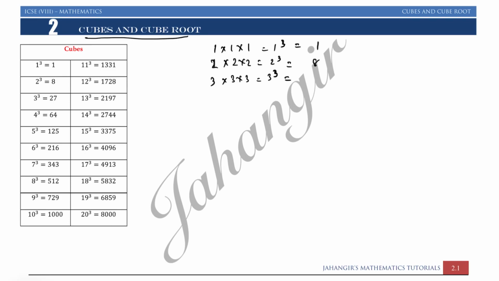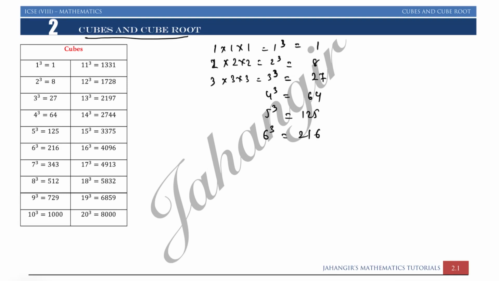Like in squares you have to remember some 1 to 30 squares and then 35, 40, 45, 50. Similarly in cubes try to remember at least 20 cubes. 3 cube is 27, 4 cube. Actually, I only remember till 11 or 12. Even I don't know 13, 14, but I can manage it quickly. 4 cube is 64, 5 cube is 125, 6 cube is 216.